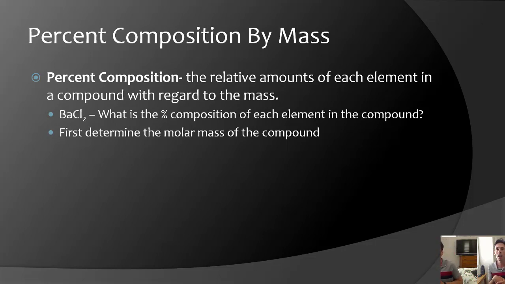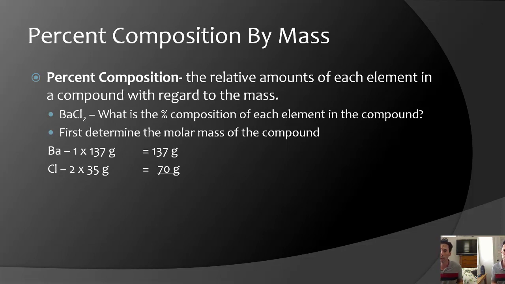I'm going to use the compound barium chloride, BaCl2. The question is, what is the percent composition of each element in the compound? And we always do this by mass, ladies and gentlemen, always by mass. The first thing we have to do is determine the molar mass of the compound itself. There's one barium for every 2 chlorine.